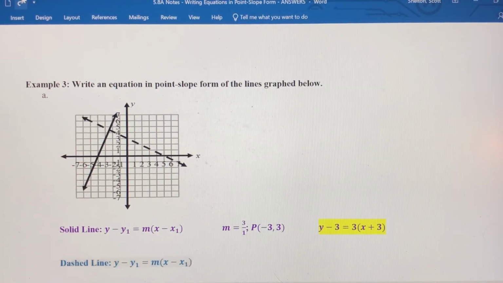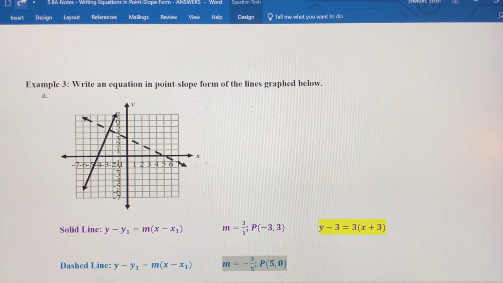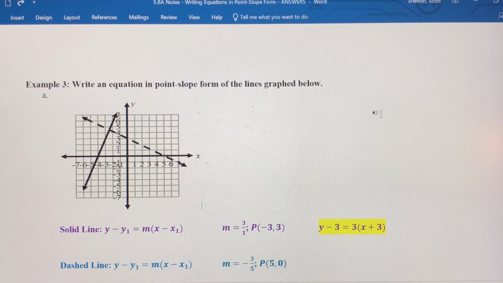So like we said, we're going to use the slope of the line, which was negative 3/5. Okay, I decided to use the x-intercept here, 5, 0, because the line goes through that point. Okay, I'm going to replace y1 with 0 because that's the y coordinate here. I'm going to replace m with negative 3/5. And I'm going to replace x1 here with positive 5. So when I do that, I don't have any signs really to clean up here.